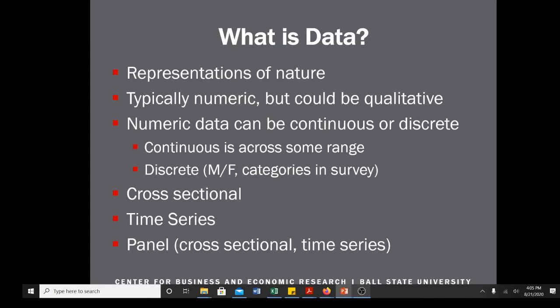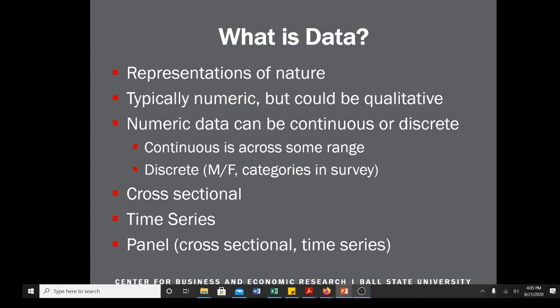So maybe a picture that's being analyzed may be qualitative data, but it may have some numeric characteristics, number of pixels, number of colors. We probably won't spend a lot of time with qualitative data, but as you learn about the types, you'll see that they're often combined.